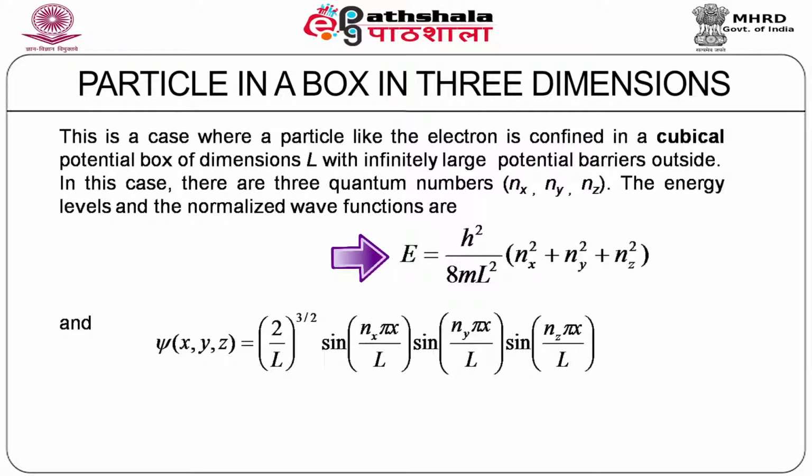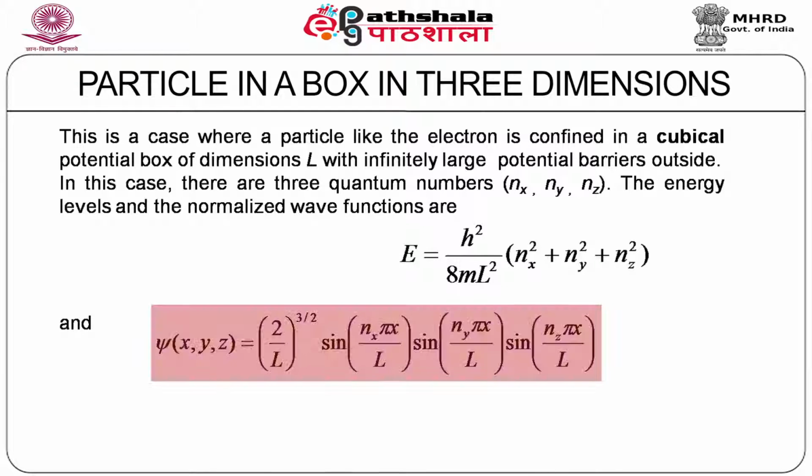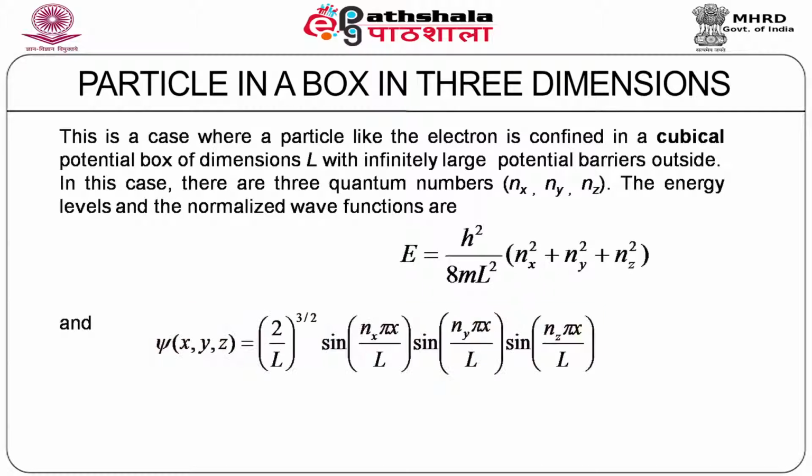And the wave function, on the other hand, can be obtained by multiplying the wave functions in each dimension. This follows from the probabilistic interpretation of the wave function. So psi(x, y, z) is the product of the 3 wave functions, sine of nx pi x divided by L, that is psi in the x direction, and then psi in the y direction, and then psi for the z coordinate.